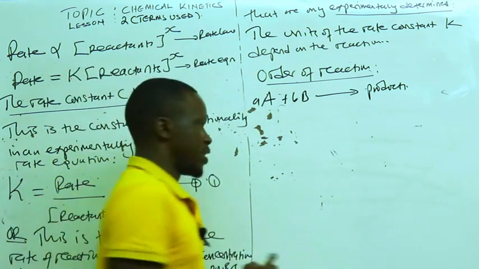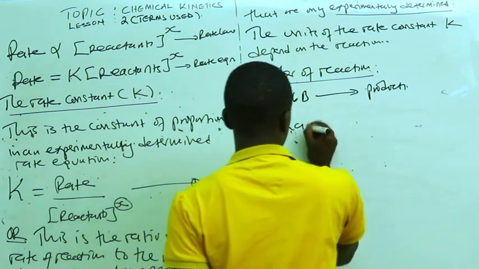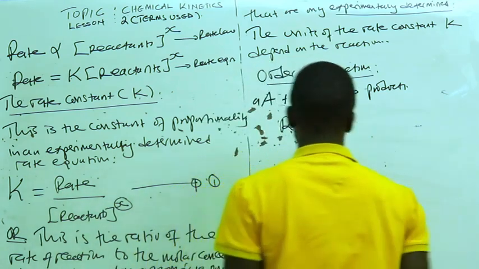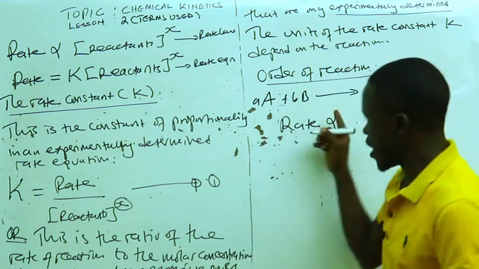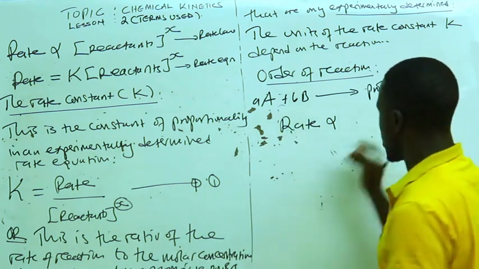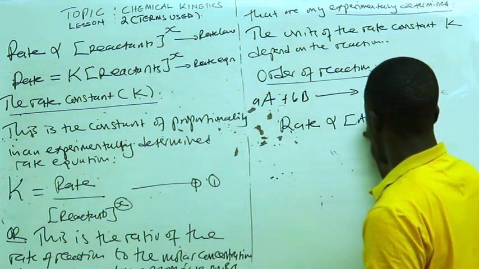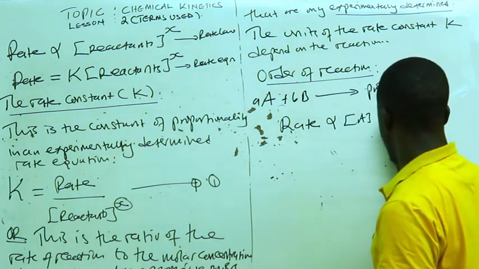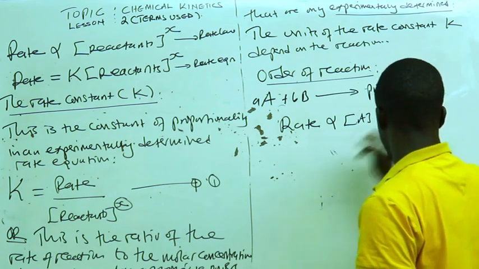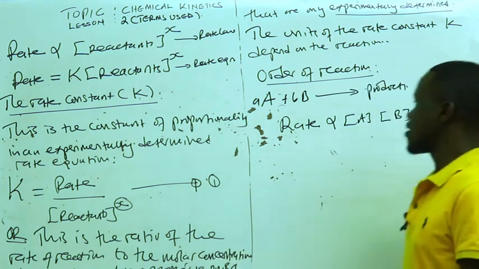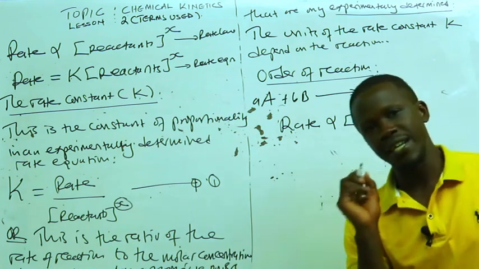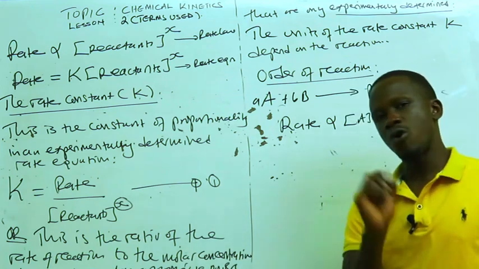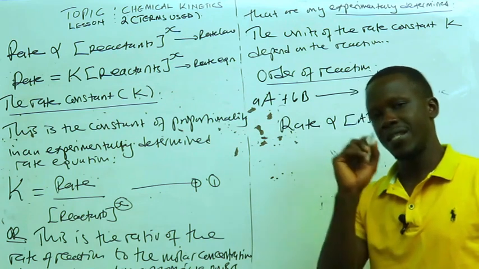The rate law says that rate is directly proportional to the molar concentration of A, and also directly proportional to the molar concentration of B. And each of them is raised to certain powers that are only experimentally determined.